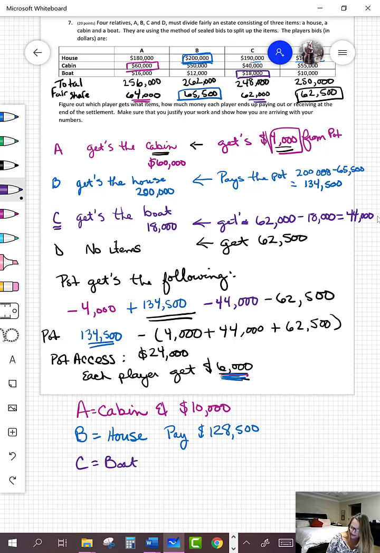They got some cash of $44,000 plus the extra of $6,000, so $44,000 plus $6,000 is $50,000 in cash. And then D, they didn't walk away with any items, but they get this fair share of $62,500 plus the $6,000, so they get in cash $68,500.